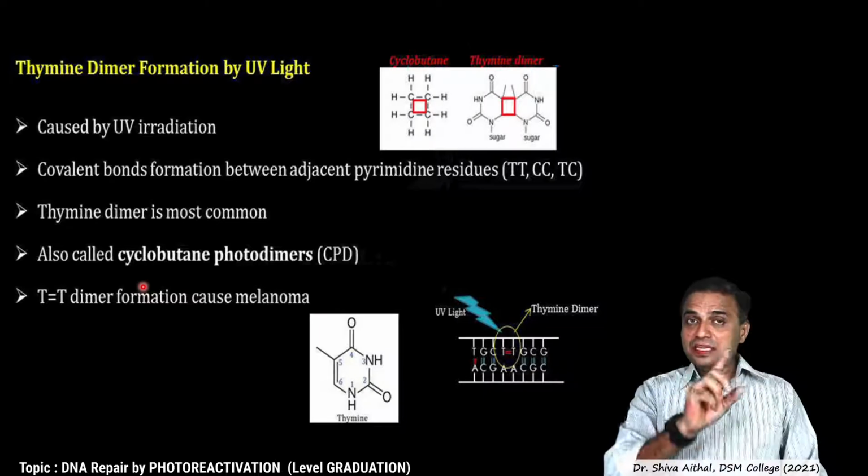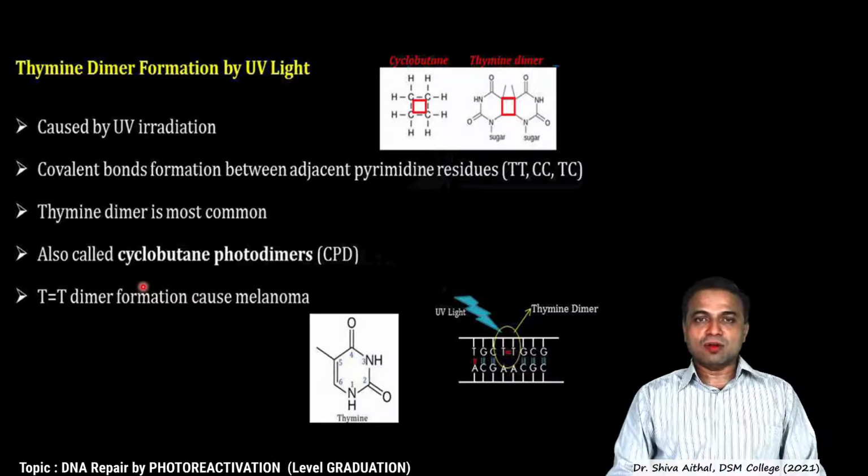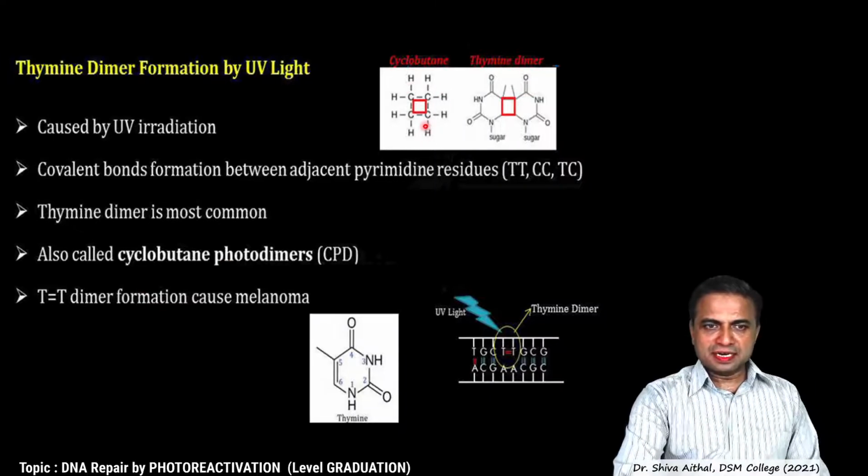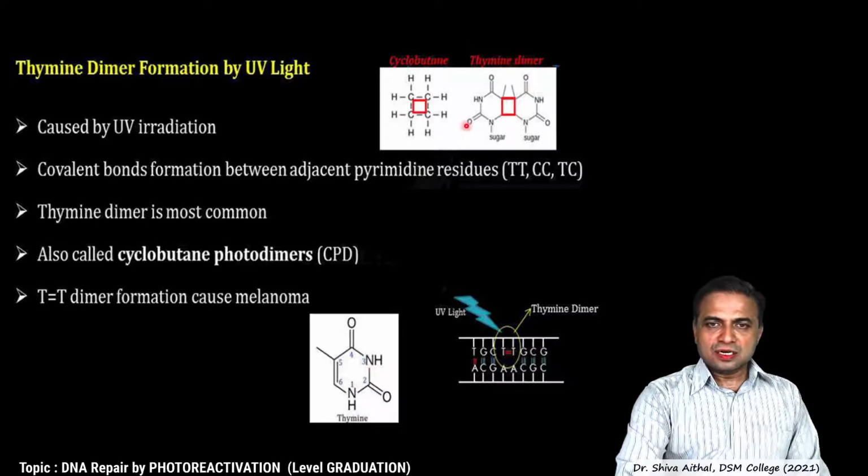So the thymine dimers which are formed by ultraviolet light give rise to a cyclobutane ring here. As you can see, the red ring is between two sugars. This is caused by ultraviolet radiation, and the covalent bonds formed between the adjacent pyrimidine residues. Thymine mostly, but the residues can be not only thymine.